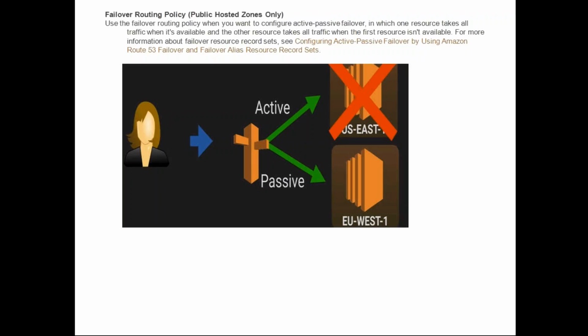You have two particular data centers, US East 1 and EU West 1. You just created an active passive concept. If this is active, go to passive. If this is down, go to the other. A very simple active passive policy.